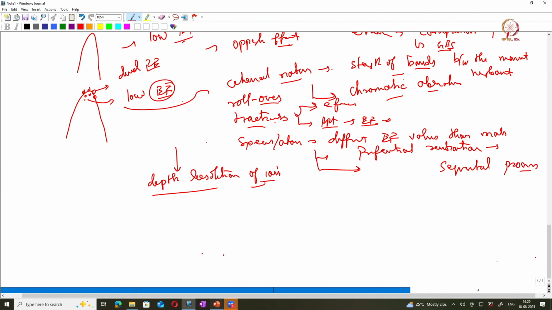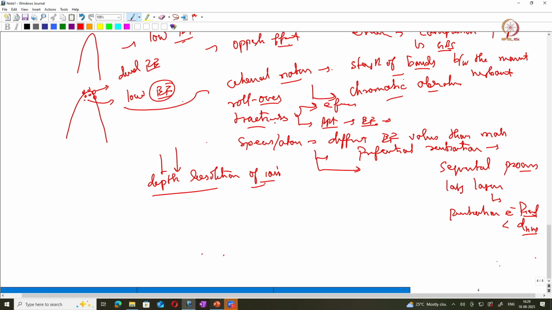And this sequence of process is layer by layer, and this sequential process depends upon the penetration of the electric field into the surface. This penetration of the electric field is less than the interplanar spacing of that particular atomic layer. Okay, so this is a sequential process. Now these aberrations, chromatic aberrations or trajectory aberrations, directly affect the depth resolution of the ion.